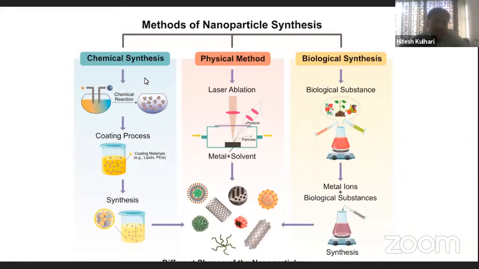We can synthesize the materials using chemical reactions, and using these we can convert the material present at the molecular level. We can put in some chemical reaction and synthesize the nanoparticle.